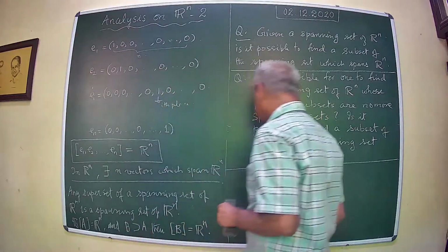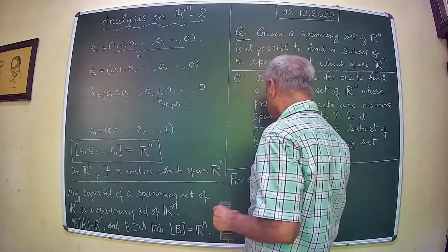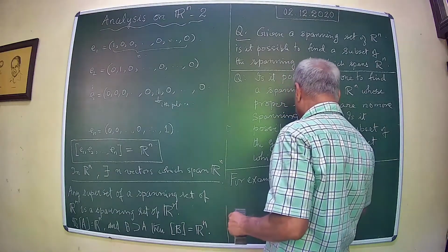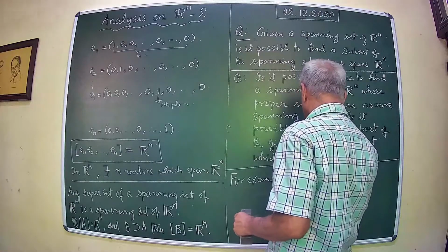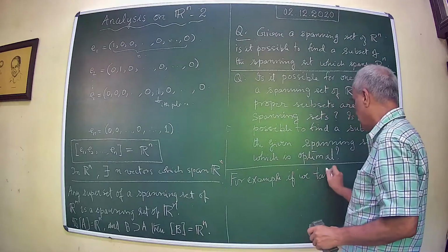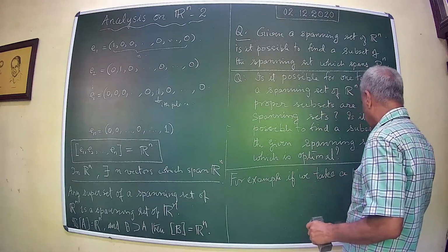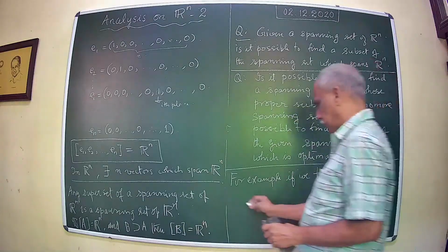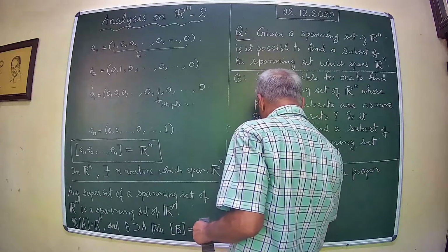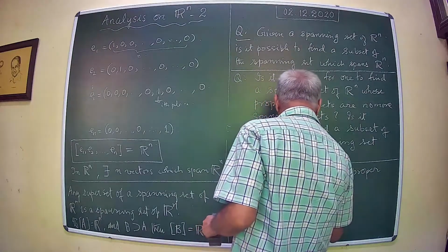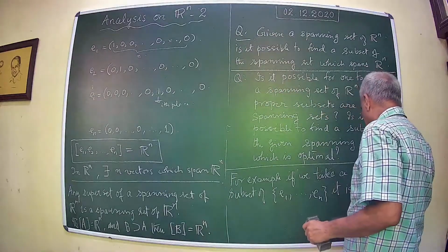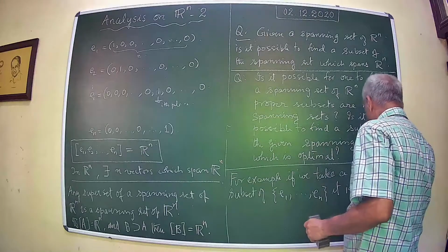For example, if one drops, removes, or if we take a proper subset of E1, E2, etc., En, it is no more a spanning set.